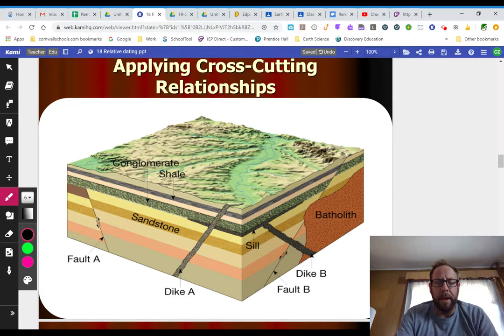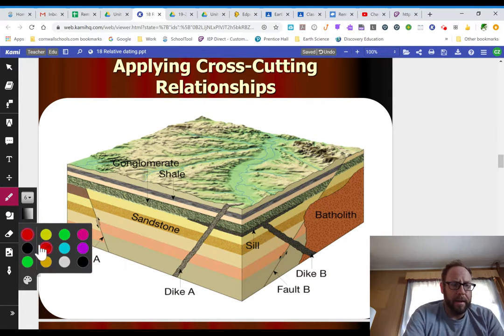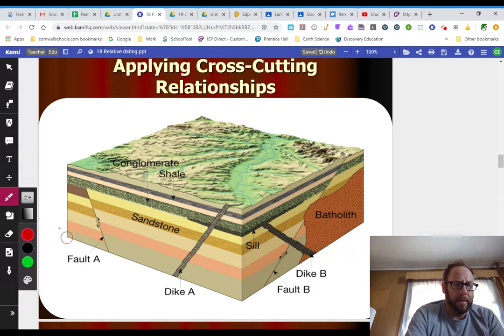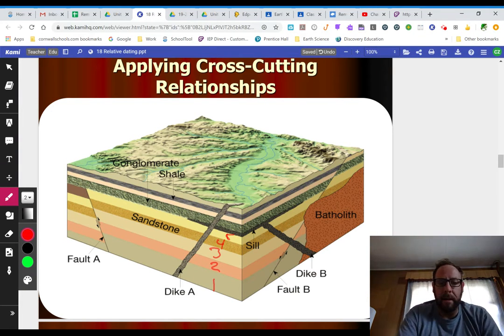So here is an idea of cross-cutting relationships. I can add some numbers to this and let's try and make it out. We clearly have layers. We might have layer 1, 2, 3, 4, 5. Clearly layer 1 was the oldest.